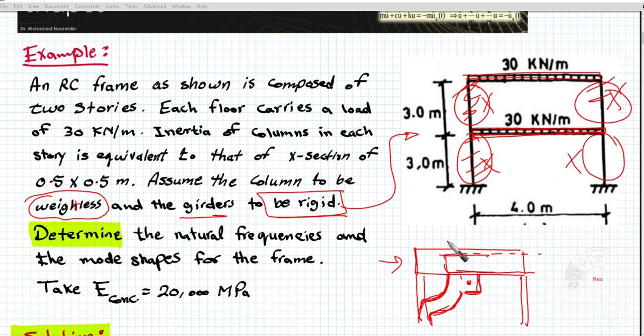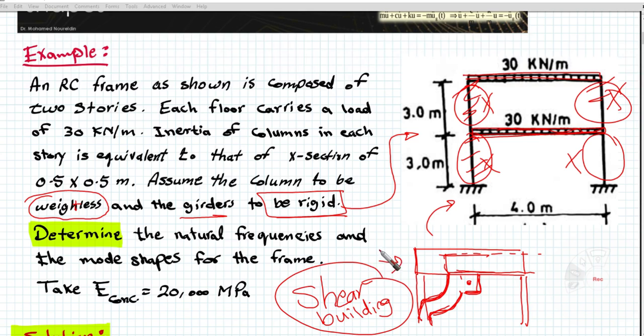This qualifies our system to be exactly a shear building. Shear building. And this is one of the most important conditions for the shear building, that girders need to be rigid. So we are reading each word in the example with great care in order to understand everything in it.